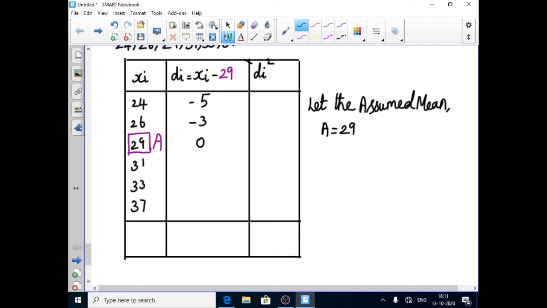Down we have 2, 4, 8. So the negative value is minus 8, the positive value is 14.